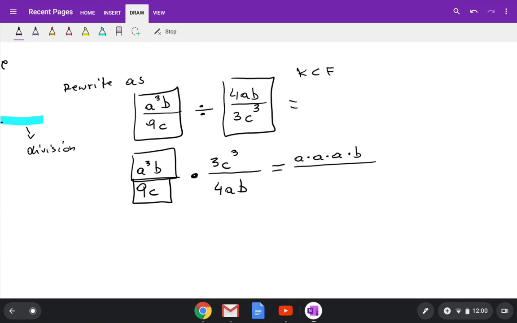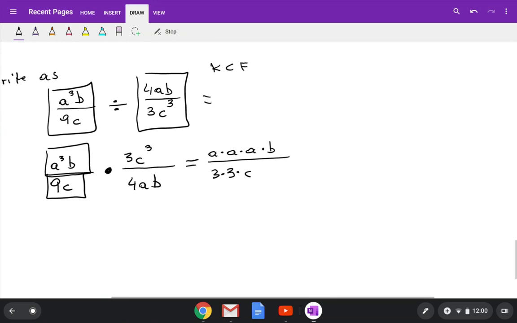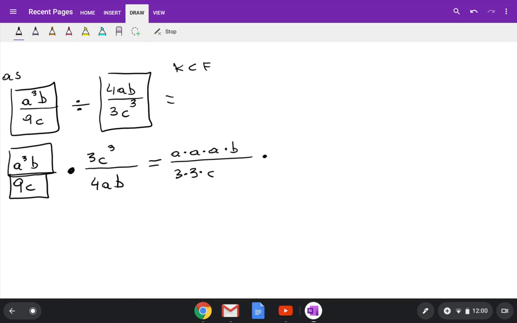Again, you can rewrite 9 as 3 times 3 times c, times 3c to the third power, which we can rewrite as 3 times c times c times c, over 4ab. 4 again we can break down into two factors, 2 times 2 times a times b.